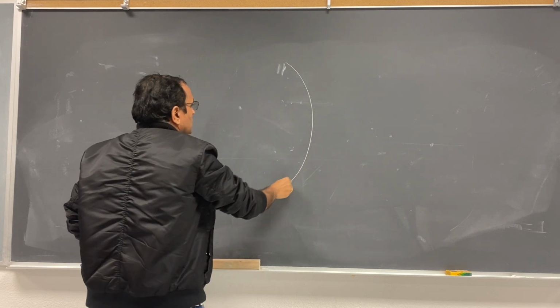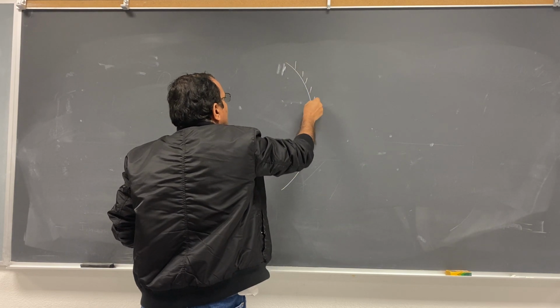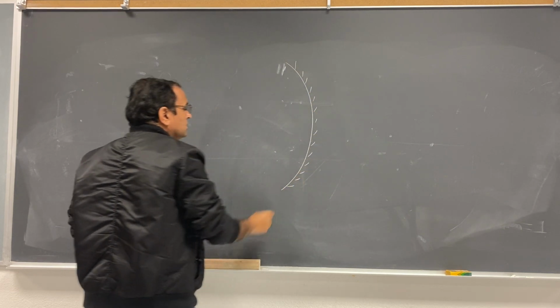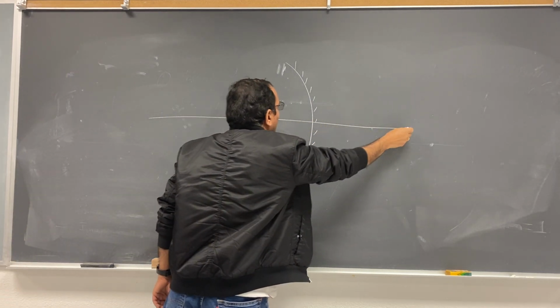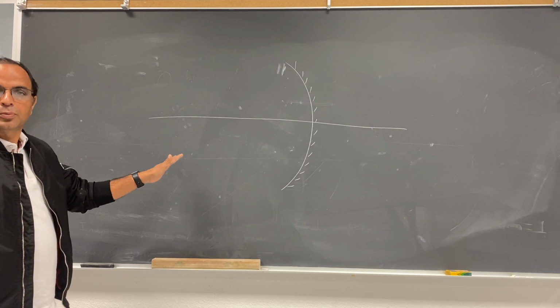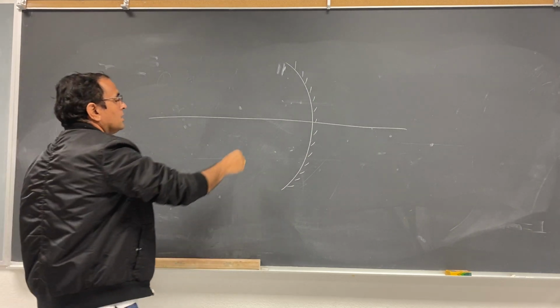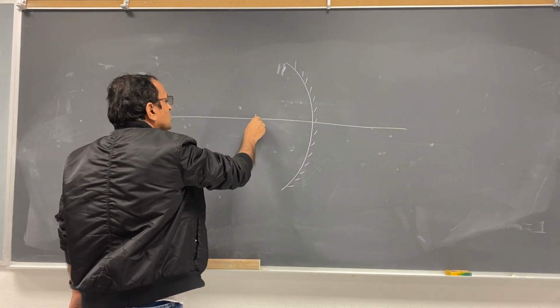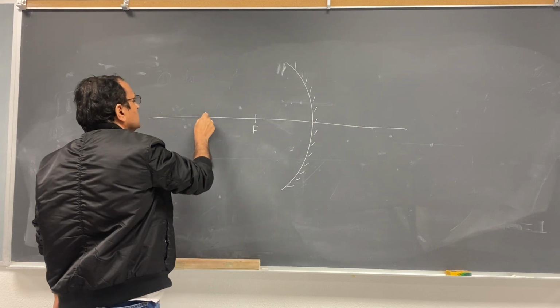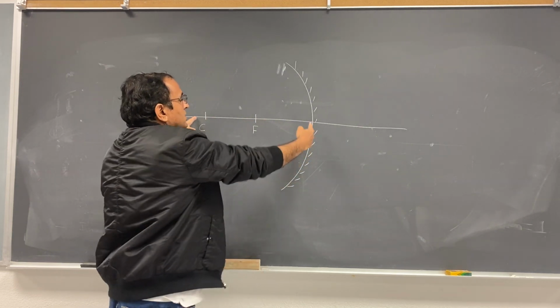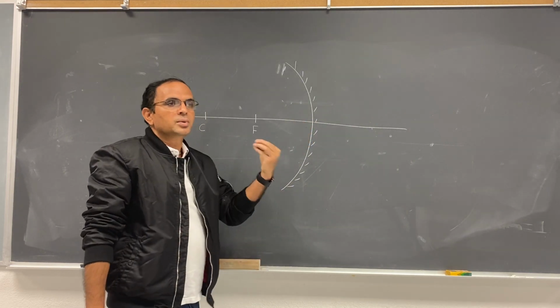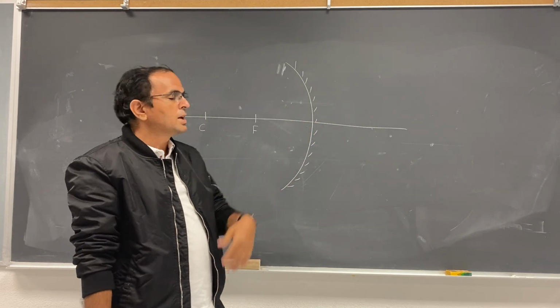Okay, let us suppose this is your concave mirror again, and here you have your principal axis. You use the ruler and protractor, so you will get the perfect diagram. So this is your focal point and this is your center of curvature. I told you that this is the focal length and this is your radius of curvature. Radius of curvature is 2 times the focal length. Always keep that in mind.